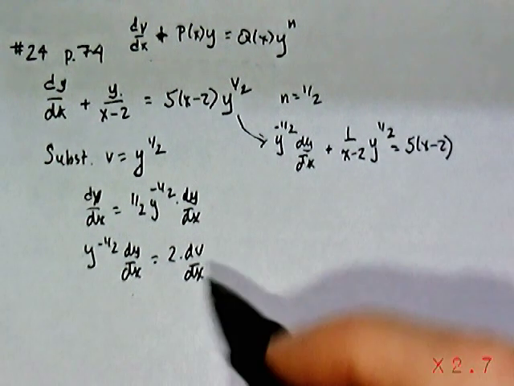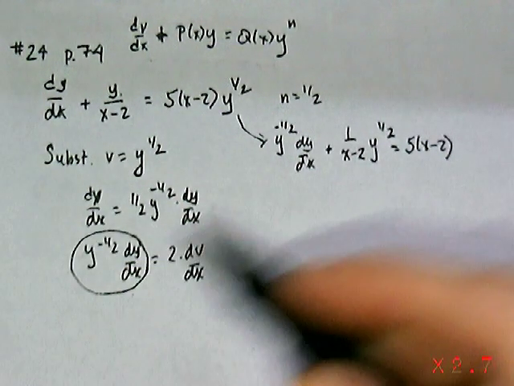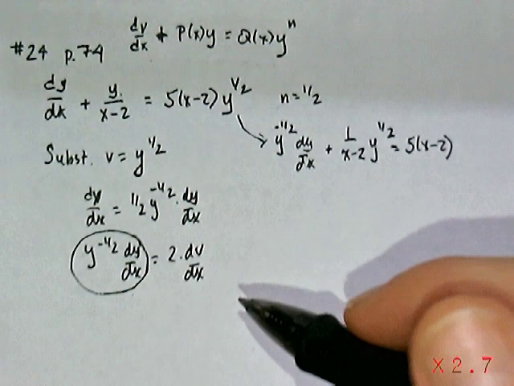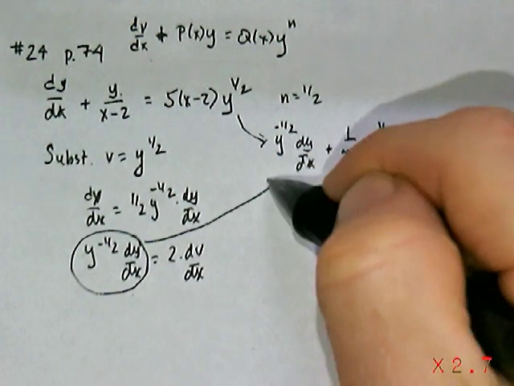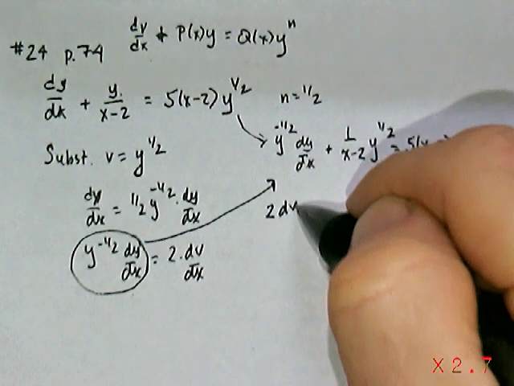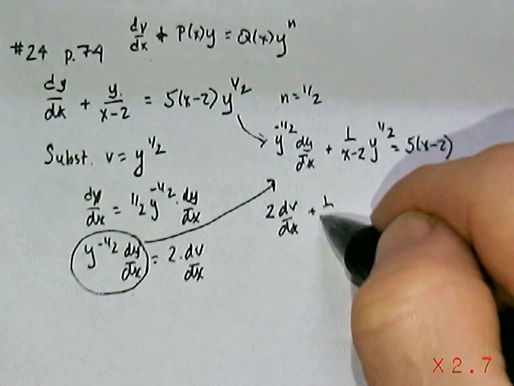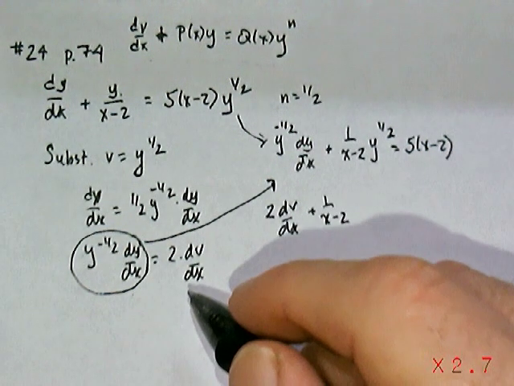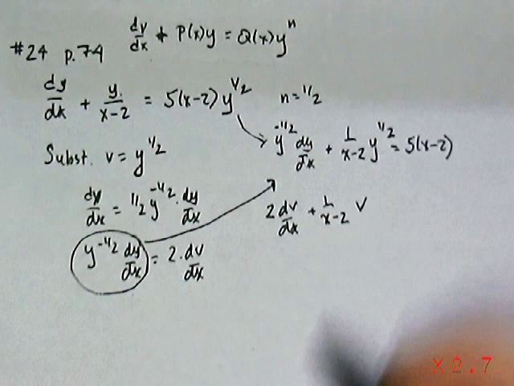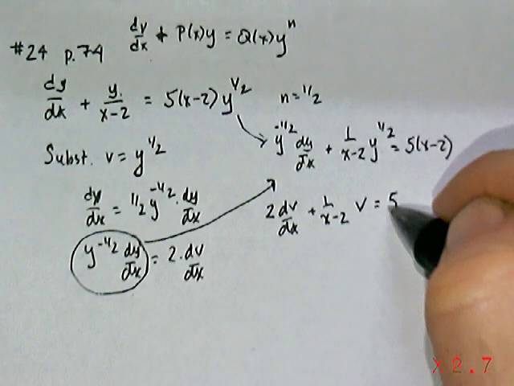Now, the reason why we did this is because we're trying to transform this whole equation into an equation in terms of v and x, and we can see the substitution immediately. What we have now is 2 times dv/dx plus 1 over x minus 2 times v, because that's what y to the 1/2 power is equal to, equals 5 times x minus 2.